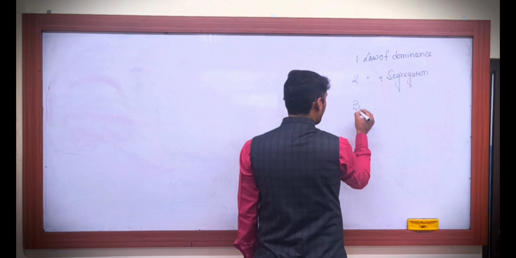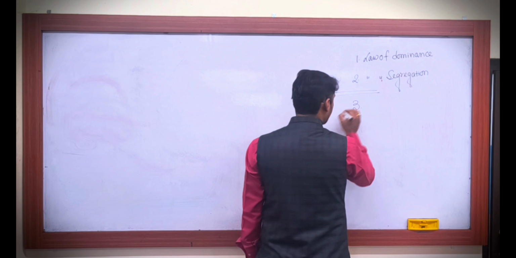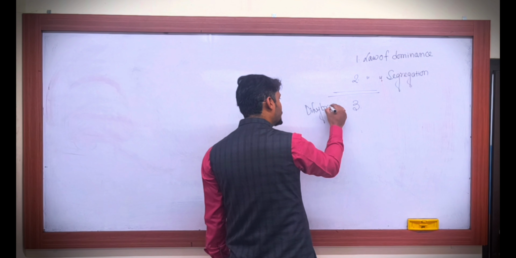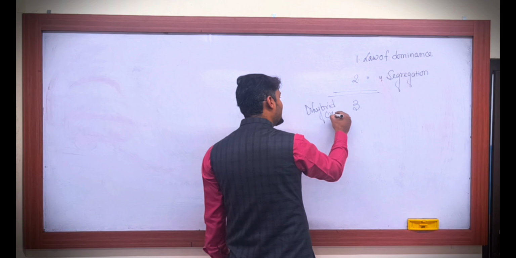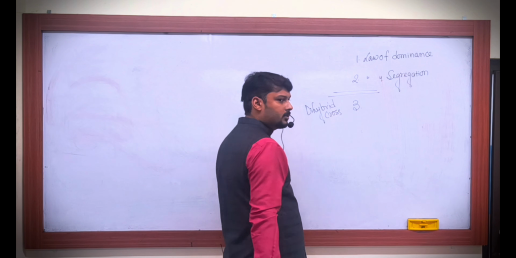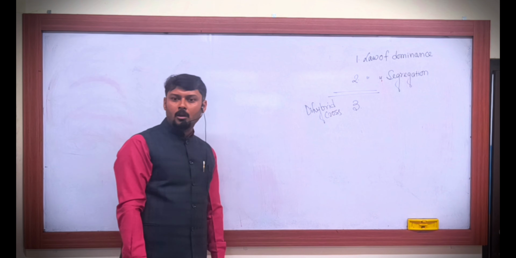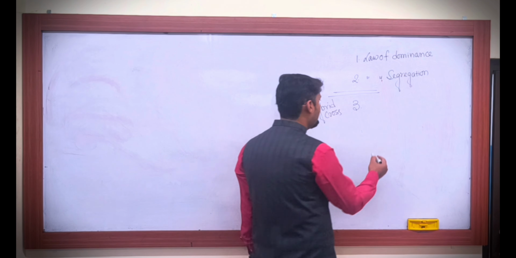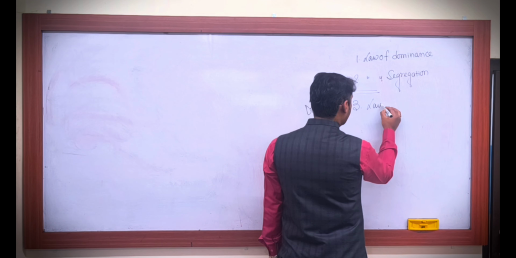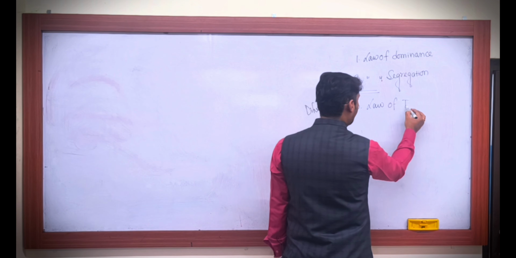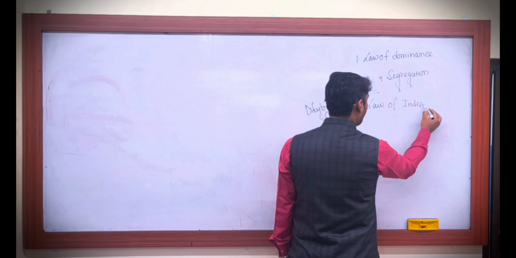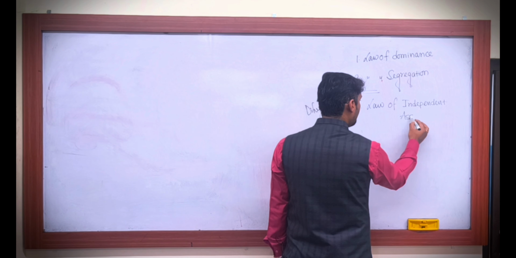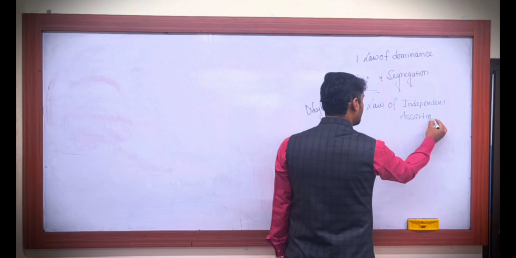Now Mendel's third law is only applicable from the dihybrid cross onwards. Remember that. The third law is not applicable for a monohybrid cross. That is the law of independent assortment.